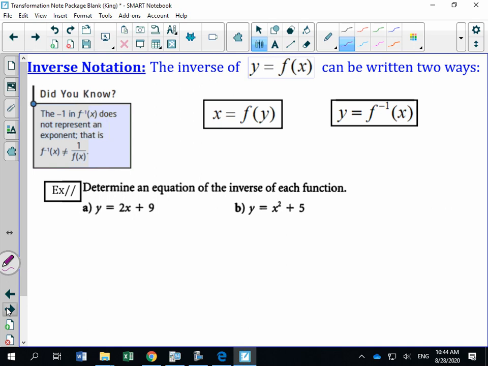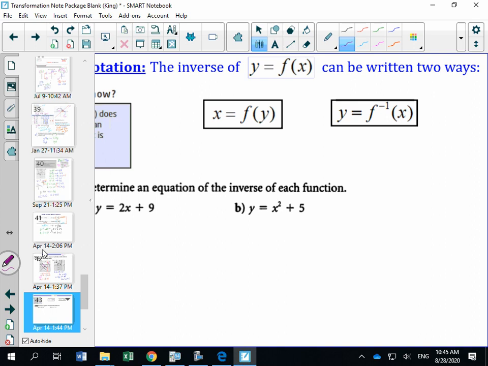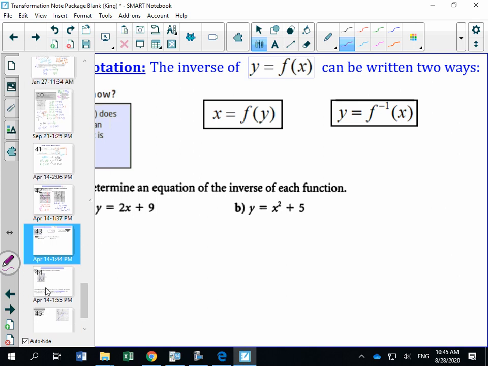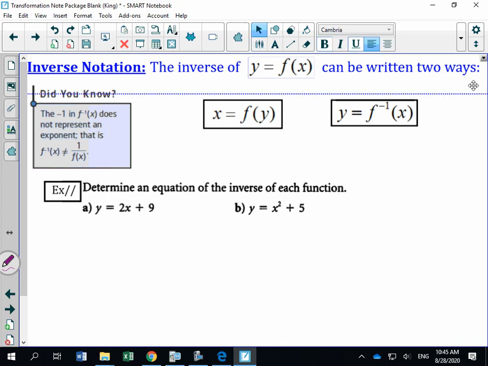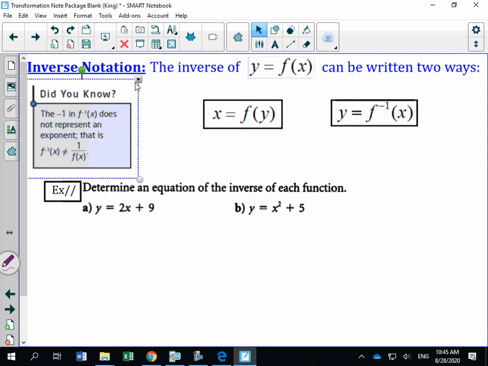There's the last concept that I want to cover in this video, and then part 2 will be the last 2 examples. So we're going to talk about a new notation for inverse notation. So y is equal to f of x, that's function notation, right? That's our original function. So when we take the inverse of this function, there's 2 different ways to write it.